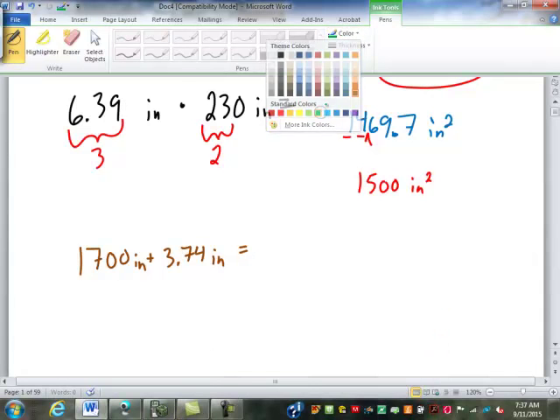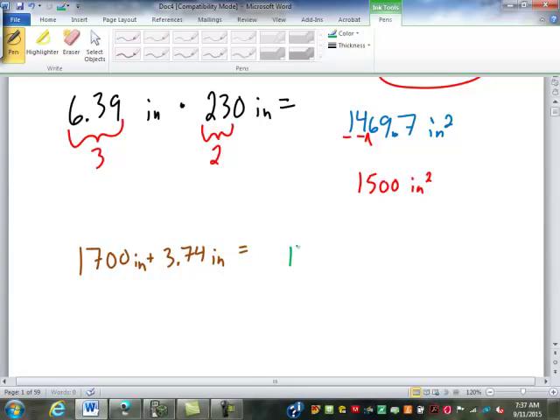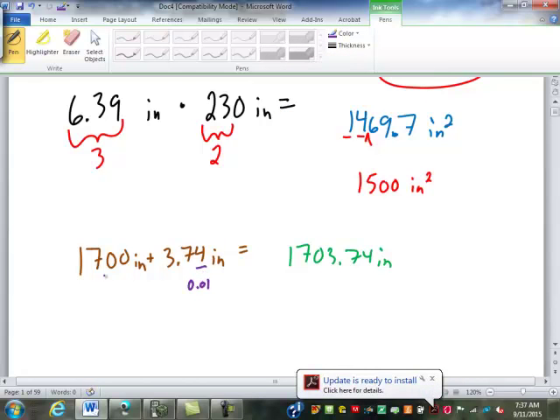So, what do we get when we add? We get 1703.74 inches. Where do we have to round to, though? This one's precise to the hundredth. This one's precise to the 100. So I have to round to the hundreds digit.